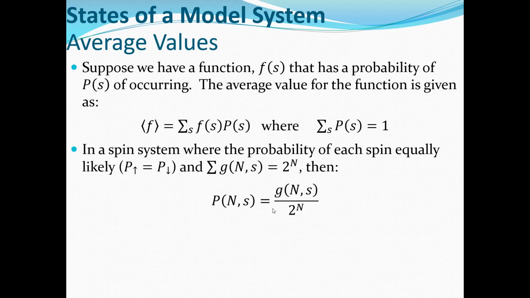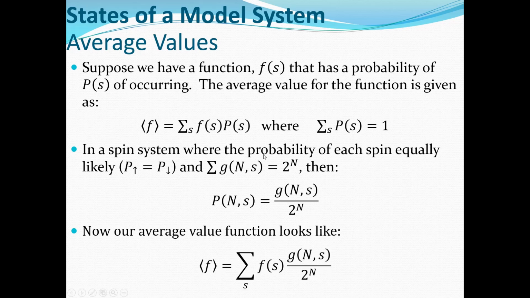I said that we took the number of states that we can get in that first scenario, which is 1, and we divide it by the total number of states. Well, we do the same thing here. If we want to know the probability of us getting, let's say, a spin excess of 0, what I would do is figure out how many states are available that would give us a spin excess of 0, and then I would just divide it by the total number of possible states in general, and that would get me the probability for that specific case.